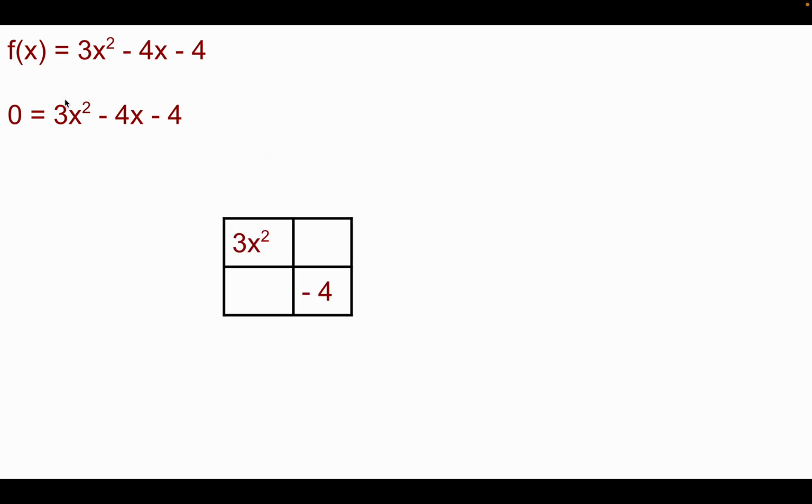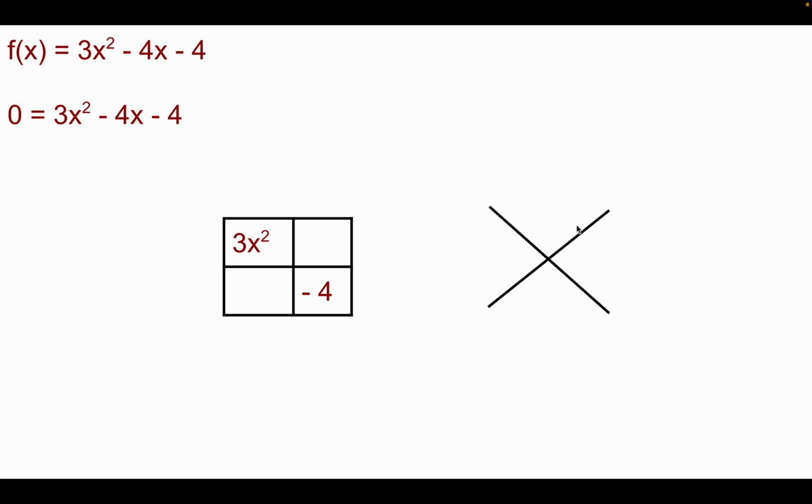And in our box, we're taking our first term, 3x squared, and we're going to put it here. Taking our second term, minus 4, and we're going to put it here. And then we need to take minus 4 and split that up in the remaining two boxes. So I'm going to show that using the x method.